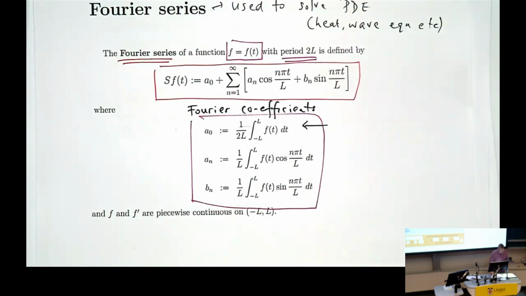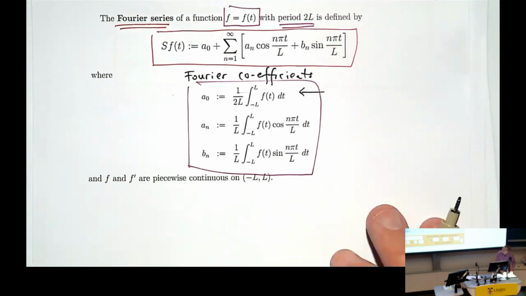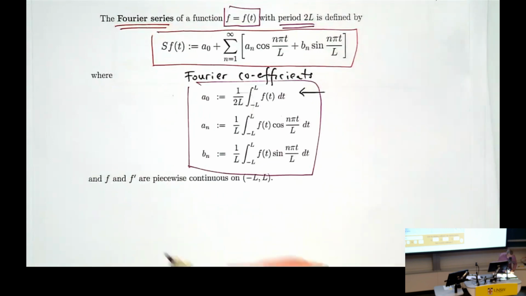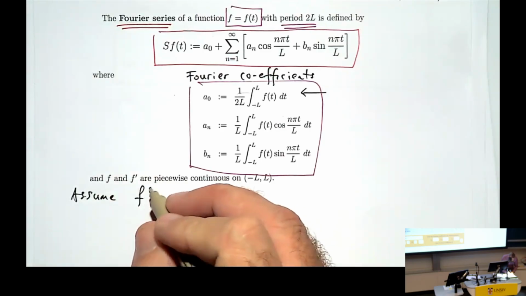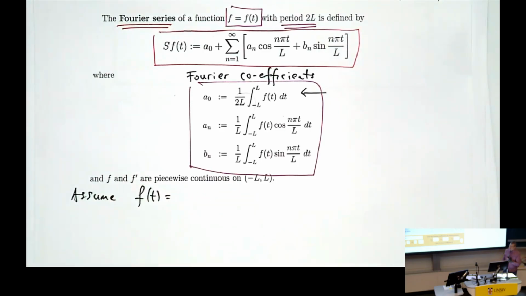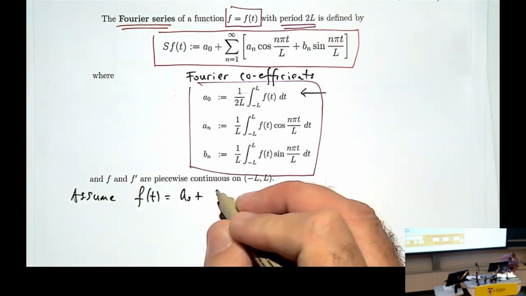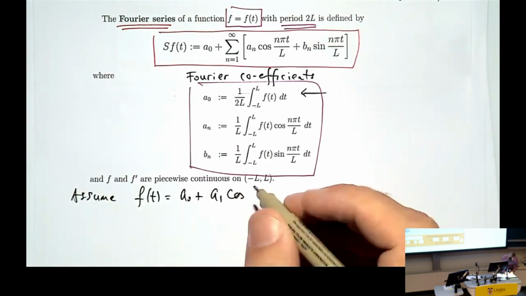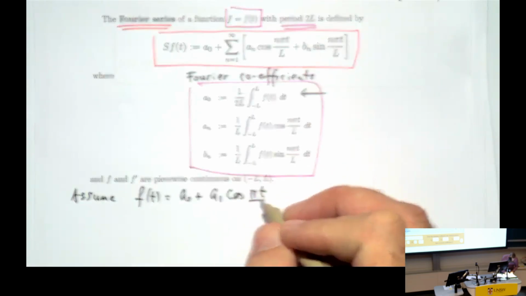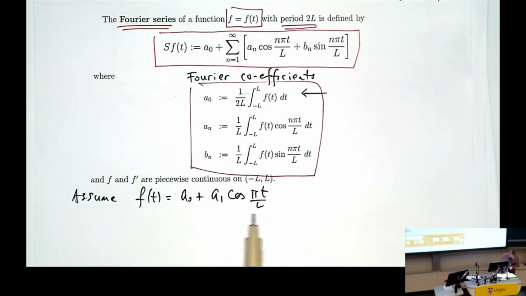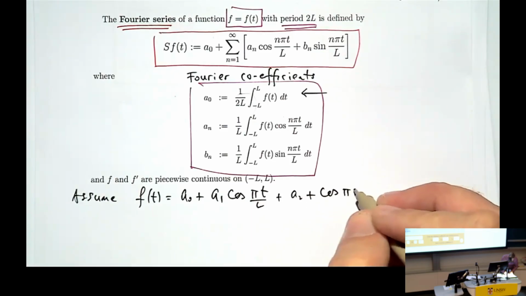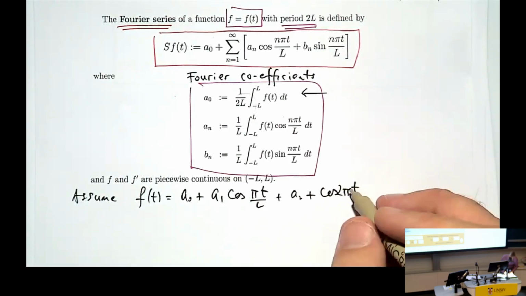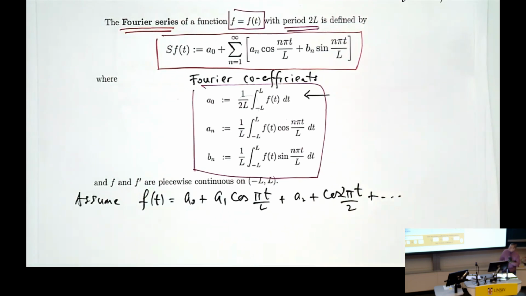Okay? So, just push that up. All right, so I'm going to assume that some function of t, I was using x's before, but I'll just use t now. Sometimes I flip between the two. Okay? You can write it like this. So for n equals 1, that would be the term. So for n equals 2, that would be the term. Okay, so that's all the cosines.